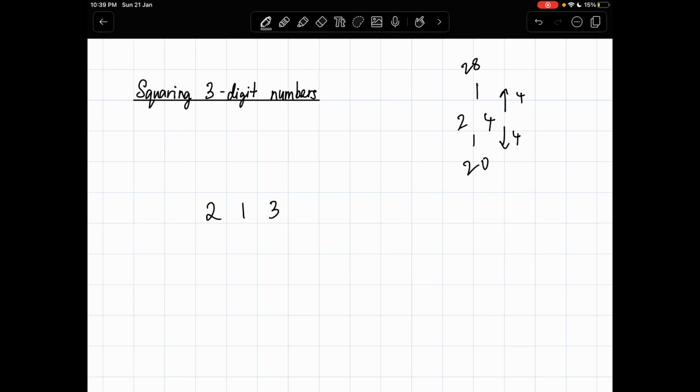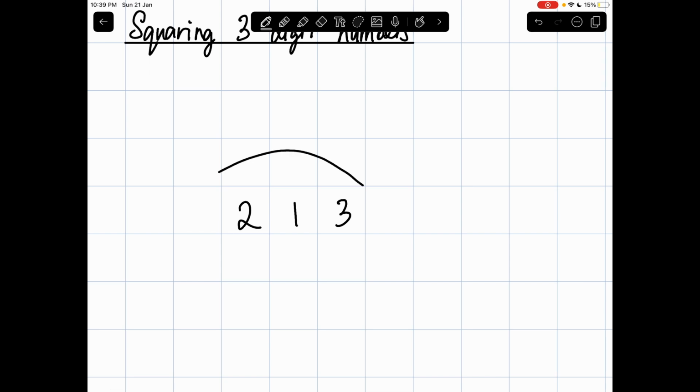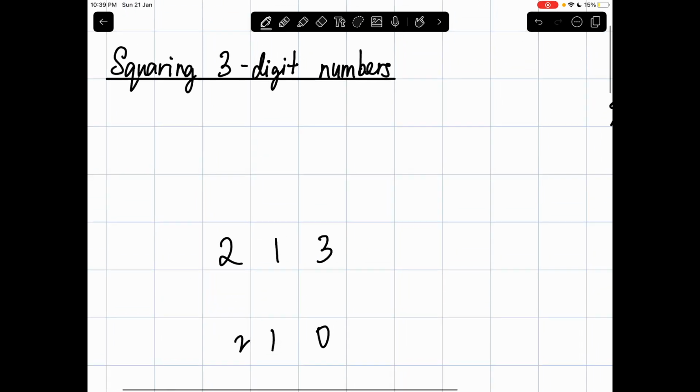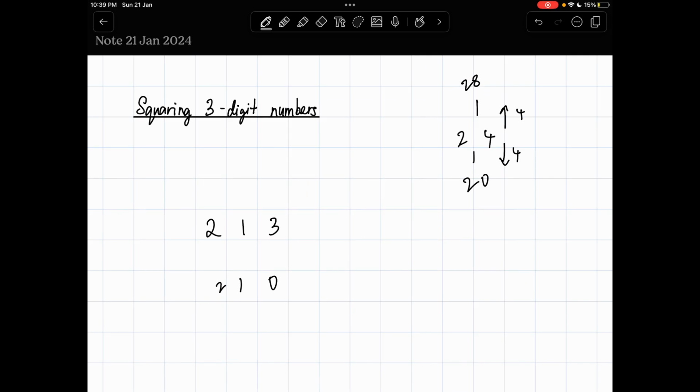So using the same concept, the closest zero to 213, technically it is 210. But calculating mentally with the number 210 is a bit more challenging. So what we would do is we would go directly to 200.